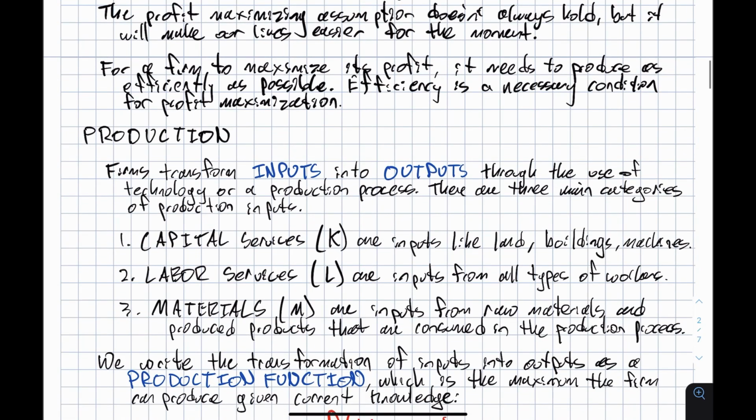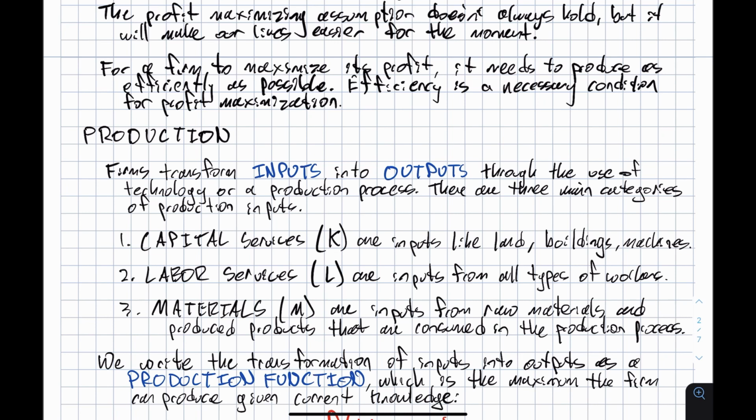So I just wanted to include this line here that the profit maximizing assumption isn't always true, but at this point, it makes our lives a little bit easier. So we're going to treat firms as almost a generic decision maker for the time being. This is an assumption. And I wanted to point that out here very early on.